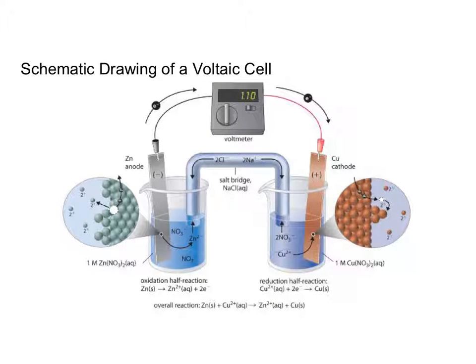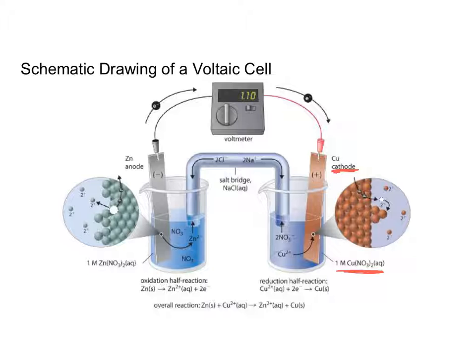Here is a schematic of a voltaic cell, and we're going to spend a little bit of time talking about this. I'm going to start with the copper cathode over there on the right-hand side. On this right-hand side, I have the cathode side of this voltaic cell. In the cathode side, I have 1 molar copper nitrate solution.